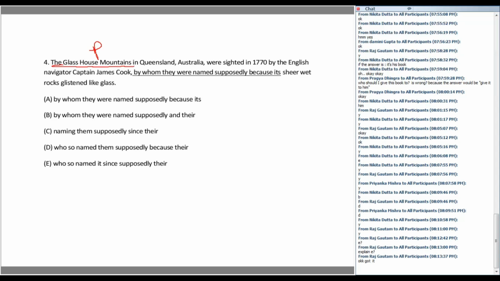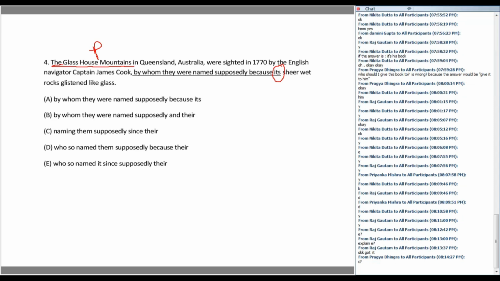It is plural. So how can I use singular its? The rocks of these mountains should be plural, right? So I think the answer for this question should be D.